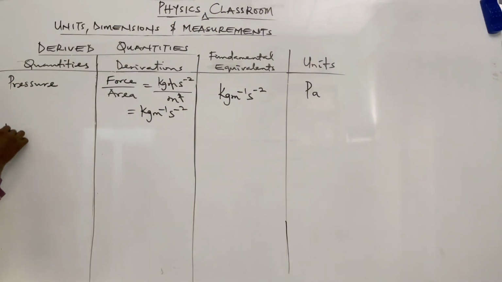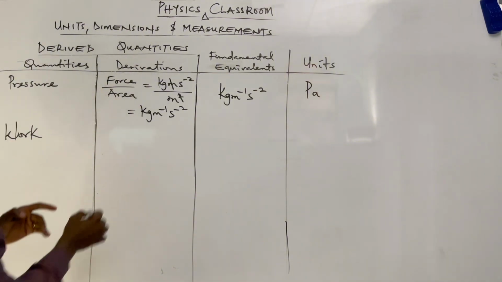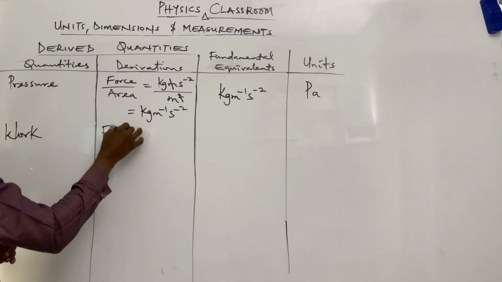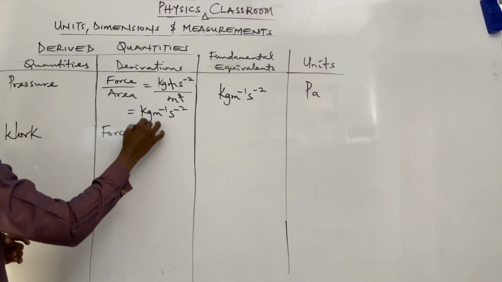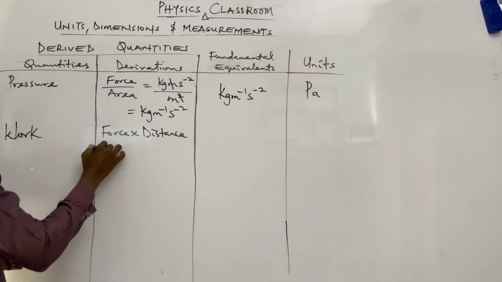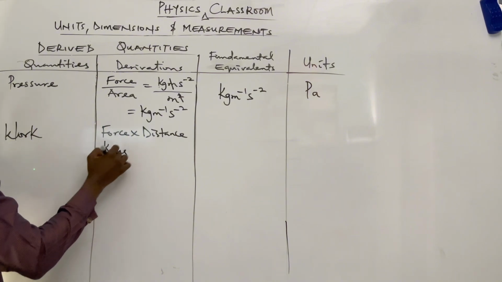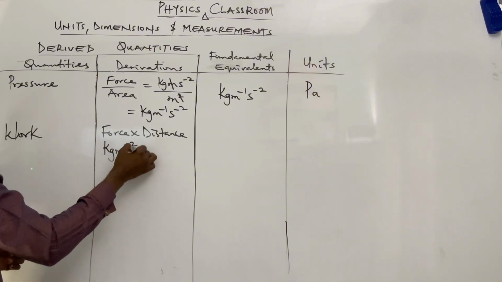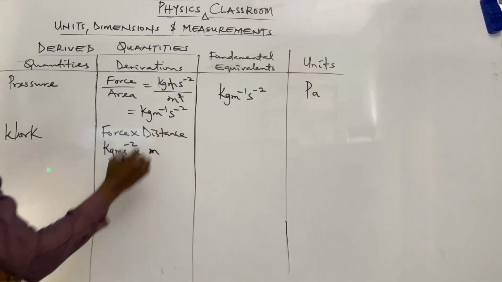Move to the next. Work. Work can be calculated using the formula force times distance. Of course, force is measured in kilogram meter per second square, times distance, which is measured in meter.